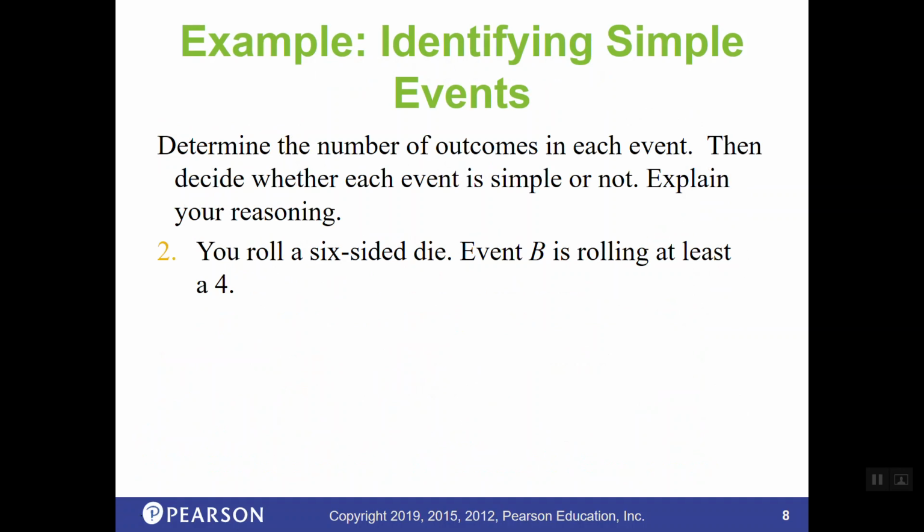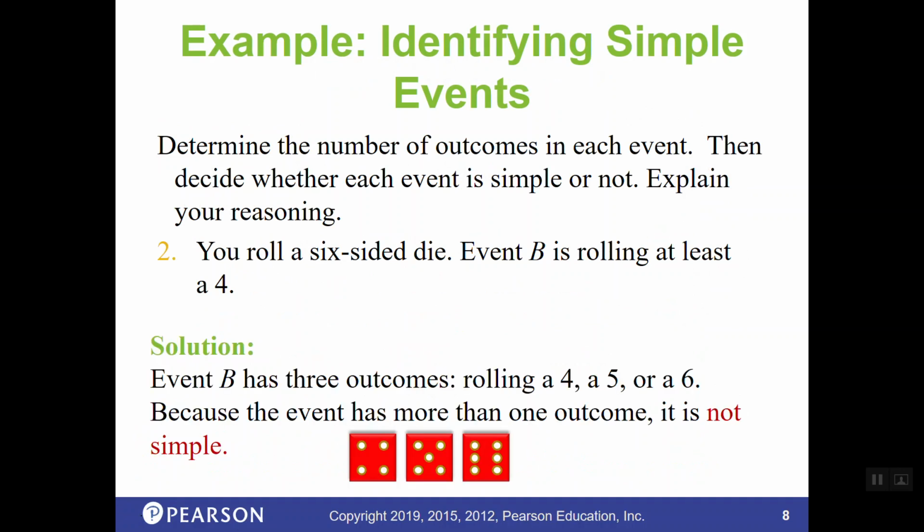If the event is looking for rolling at least a 4, that means you can roll a 4 or a 5 or a 6. Therefore, there are 3 outcomes that satisfy this event. Therefore, event B has more than one outcome, so it is not a simple event.